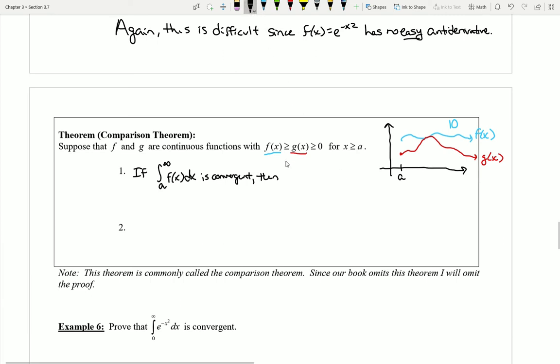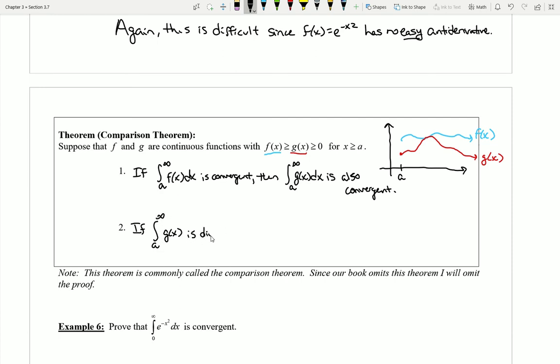So with that, I could then say that the area under g of x is also convergent, right? It's also got to have some finite amount. Maybe it's got area 8. Notice, though, that there are some other determinations I could make here. Let's suppose that I started off the problem a bit differently. Let's suppose that I instead calculated the area underneath the red function, that is our g of x, from a to infinity.